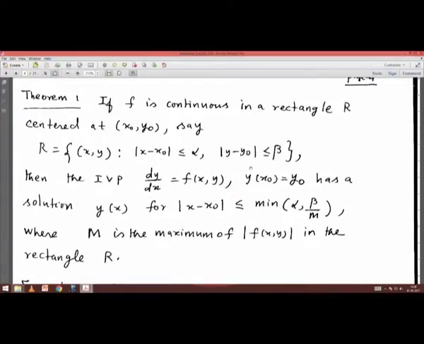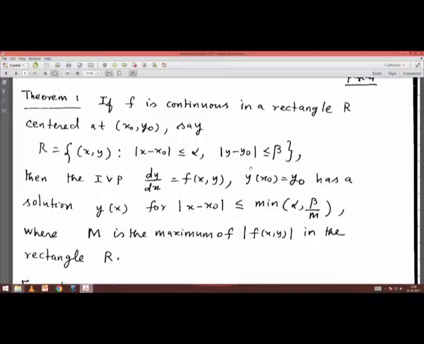It gives us the condition under which the solution of an initial value problem exists in a neighborhood of the initial point. So, it says if dy by dx is equal to f of x comma y is the first order differential equation given to you, subject to an initial condition y of x naught equal to y naught, then if that function f of x y is continuous in a rectangle capital R, which is centered at the point x naught comma y naught.